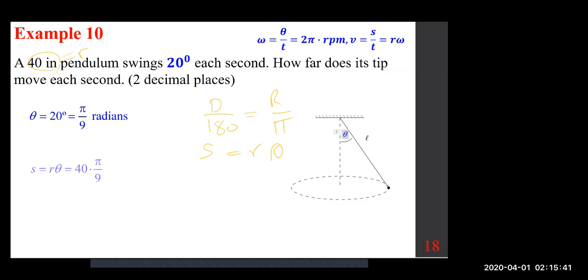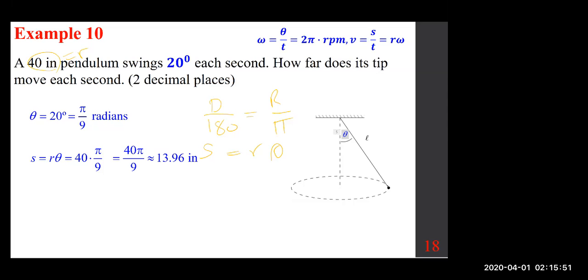Here's the formula. And it's 40 times pi over 9, 40 pi over 9 precisely, using a pi of roughly 3.14159. We can come up with the answer of 13.96 inches. Okay, this is the theta in degrees.